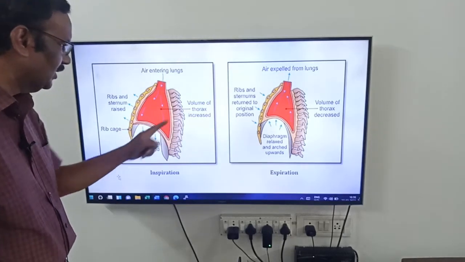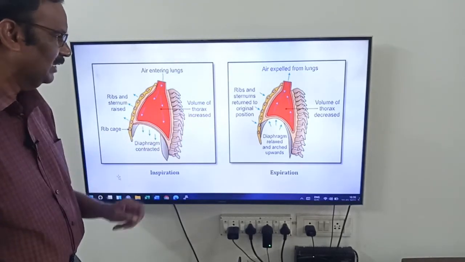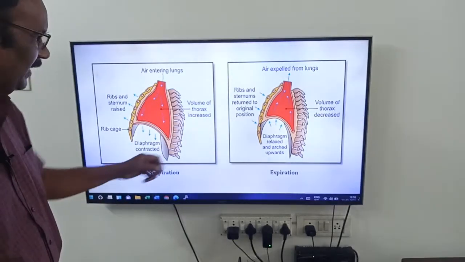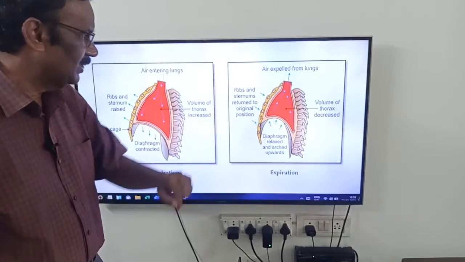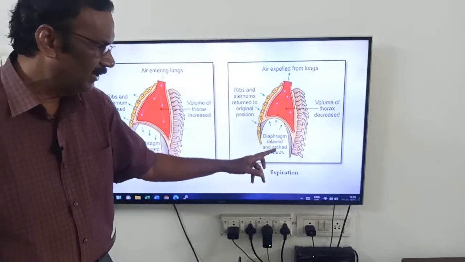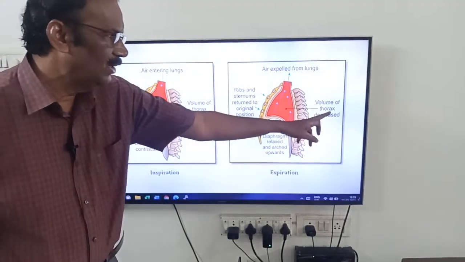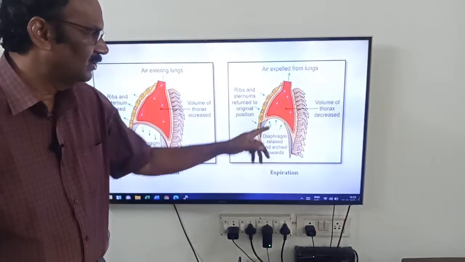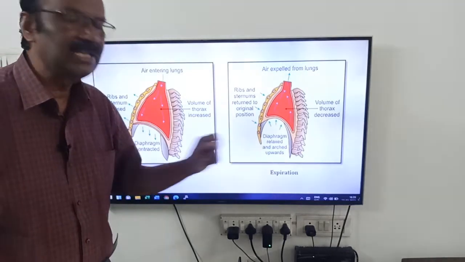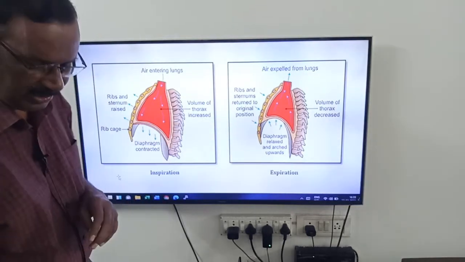Due to these two actions, the volume of the thorax increases, so now air enters into the lungs. In the opposite direction, ribs and sternum get their original position and the diaphragm is relaxed, so the volume of the thorax decreases. So now the air is expelled out from the lungs. This is expiration.